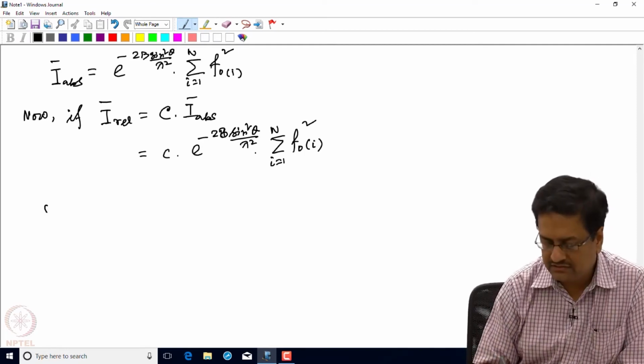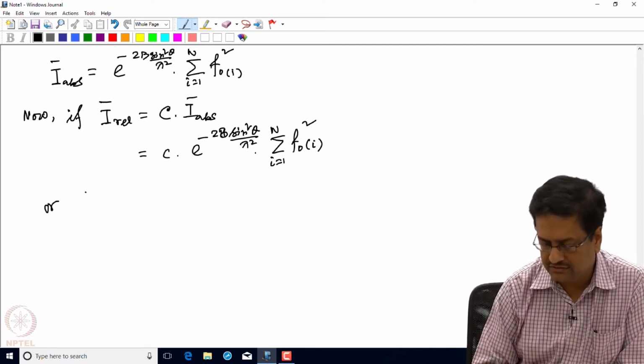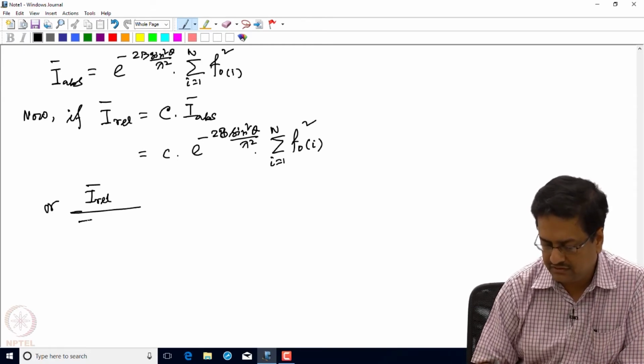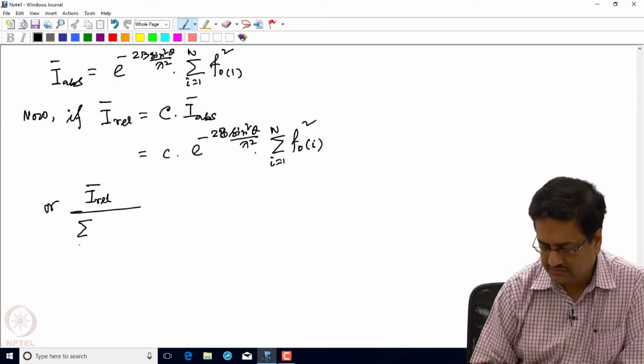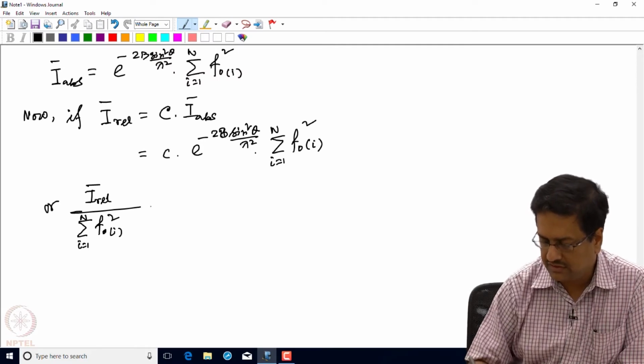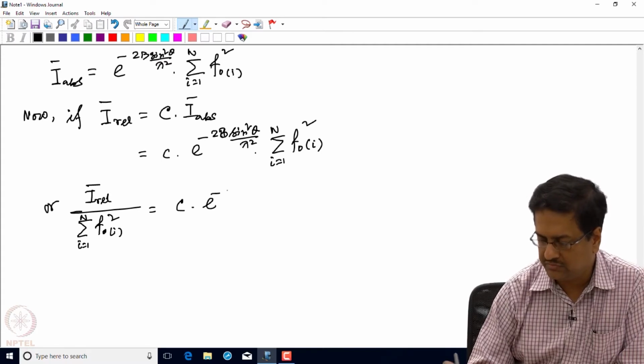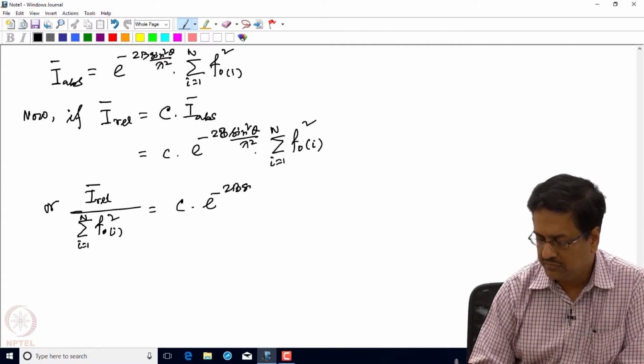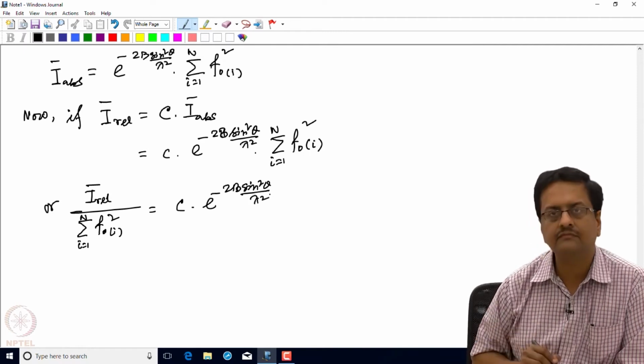So we can rearrange this equation like this: I relative divided by sum over i equal to 1 to n f0i square is equal to C into e to the power minus 2b sine square theta by lambda square.